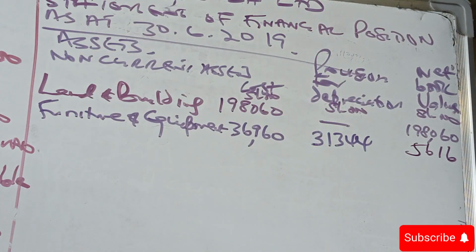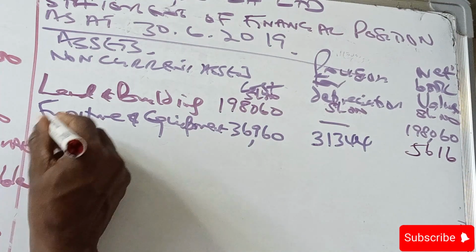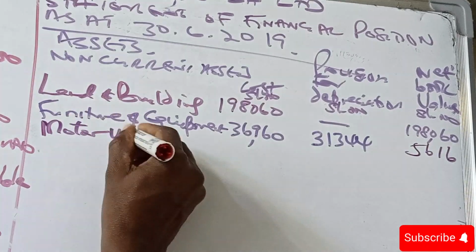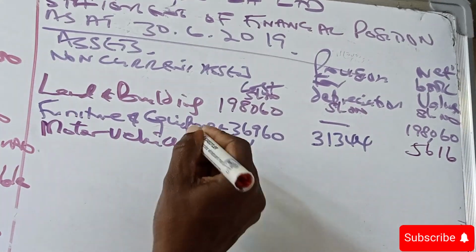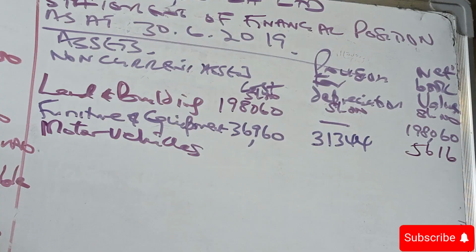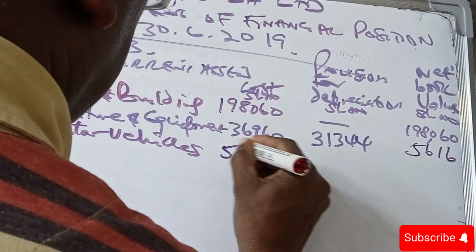We do the same for motor vehicles. We are told that they were bought at 59,100.